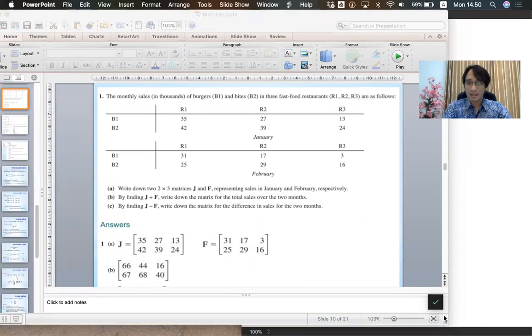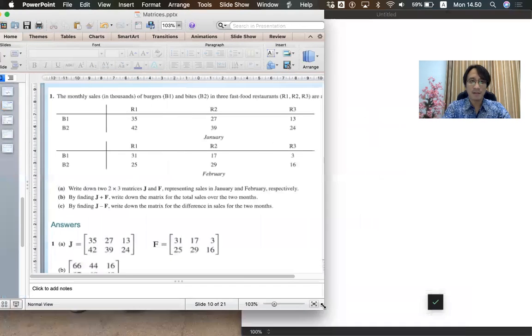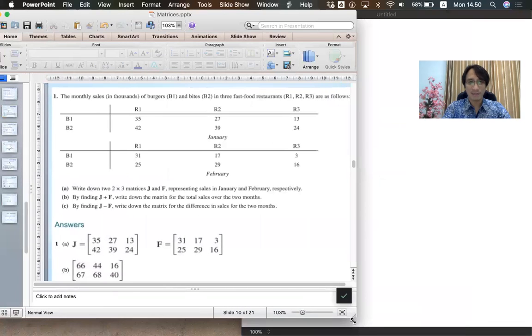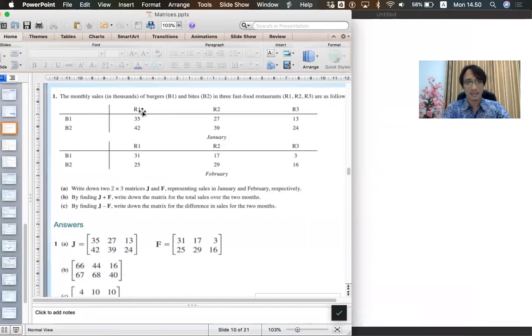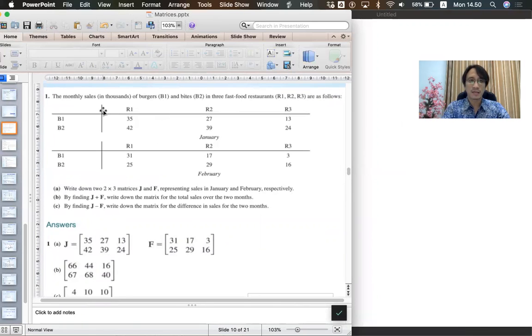So the number of sales of burger 1 in restaurant 1 is 35,000. So restaurant 1 can sell 35 of burgers with 42 of bites. This is for restaurant 2 for the bite and burger, as well as for restaurant number 3.